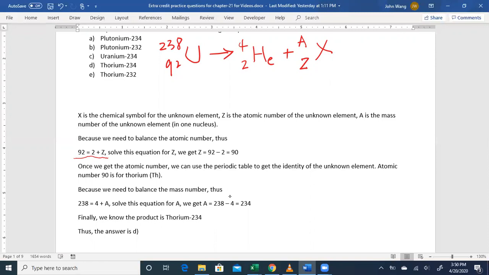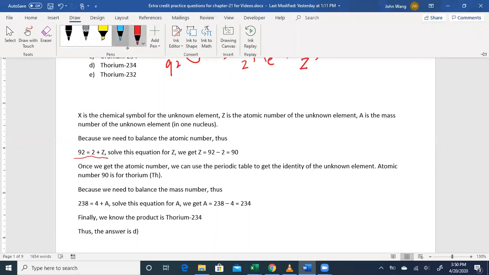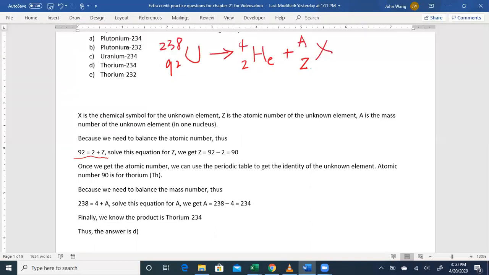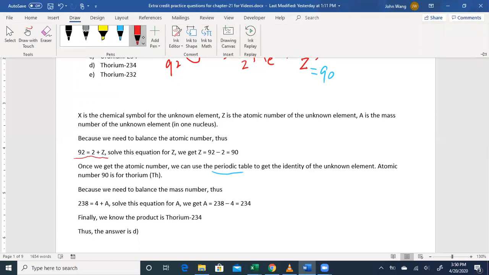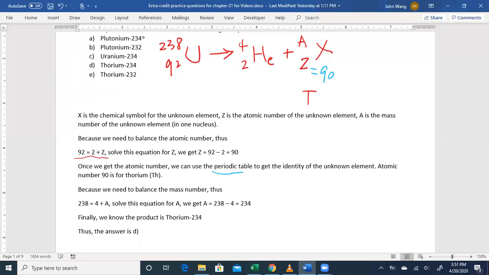Once we find that the atomic number is 90, we can use the periodic table to find the identity of 90. The identity of 90 is thorium.